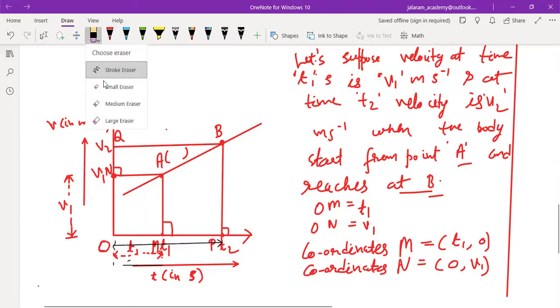I have shown it with a different color so that you can understand it properly.